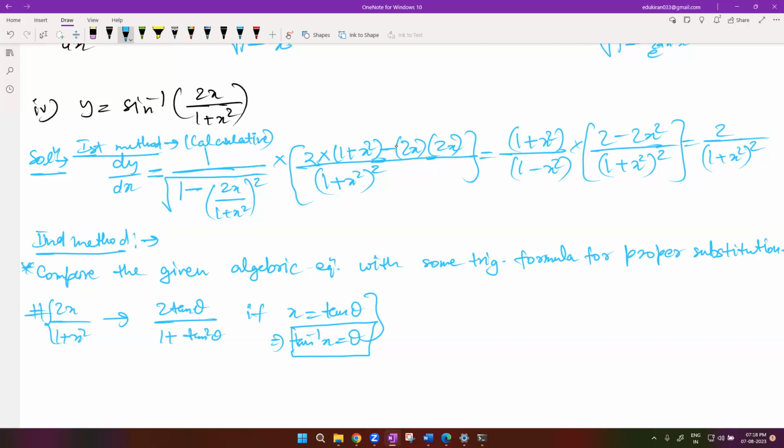So by replacing x equals tan theta, tan inverse x equals theta will come, right? But for now, the expression will be y equals sine inverse of x. So put x equals tan theta. This will become sine inverse of 2 tan theta divided by 1 plus tan square theta.